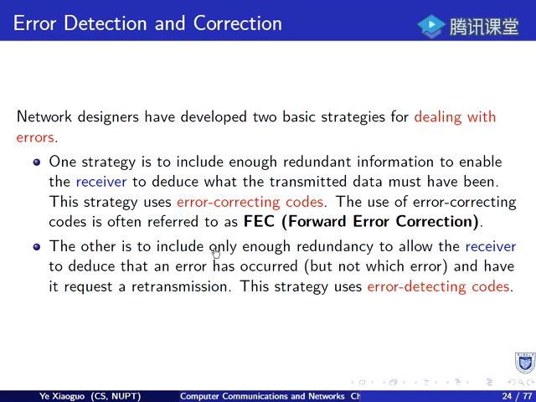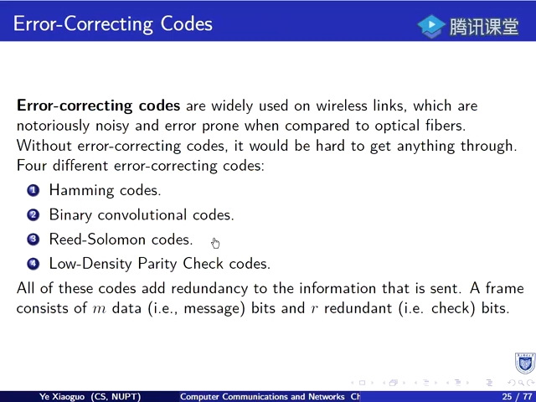But FEC is usually used in satellite links or wireless links. Error correcting codes are widely used on wireless links, which are notoriously noisy or error prone when compared to optical fibers.